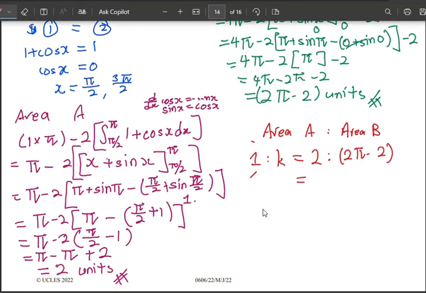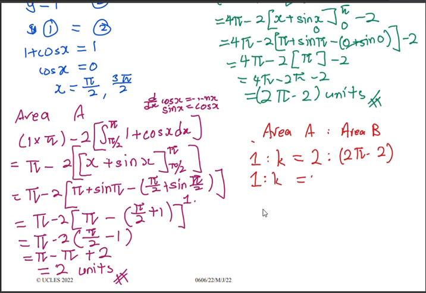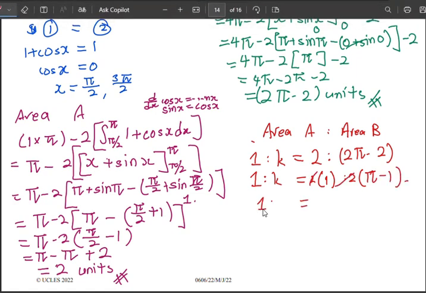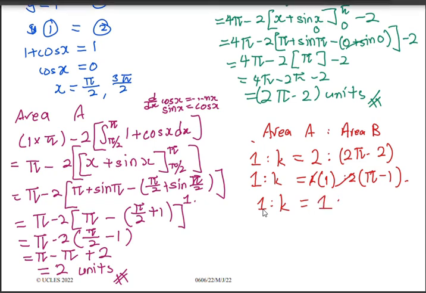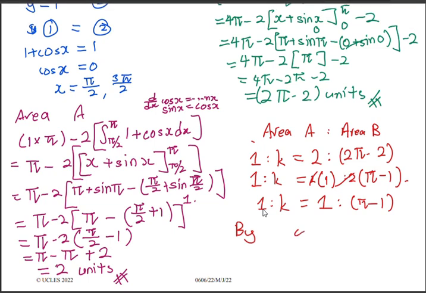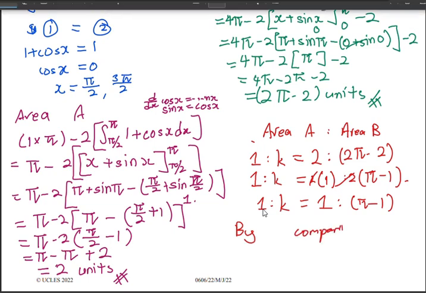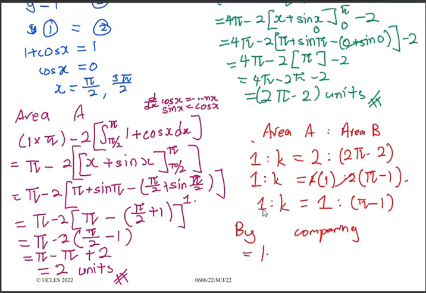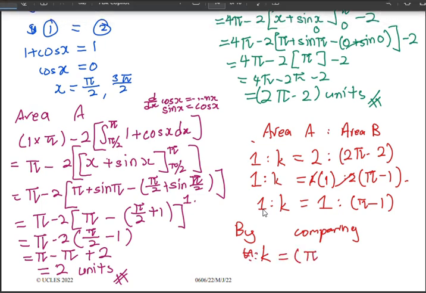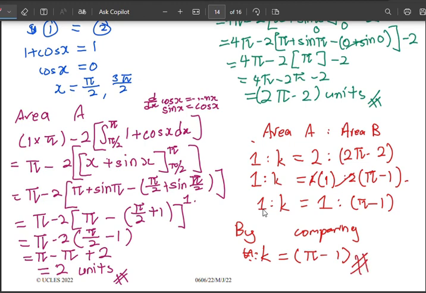And then simplify it, you'll realize that 1 to k is equal to 2 multiplied by 1, then 2 multiplied by pi minus 1. Cancels it out. So 1 to k is actually equal to 1 to pi minus 1. So by comparing, you will realize that k is actually equal to pi minus 1. And we are done. That's all.